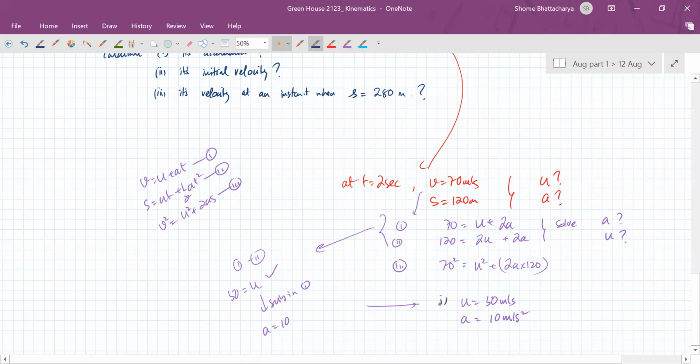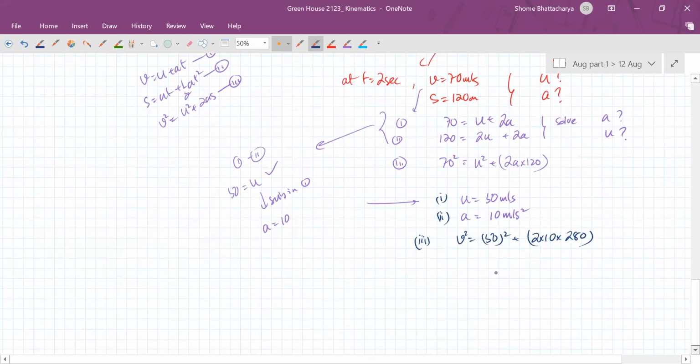So this is the first part, this is the second part. Now for the third part, you can use equation 3. v square is equal to u square plus 2 into a into s, when the displacement is 2a. So v will be the square root of 50 square plus this, which becomes 5600.